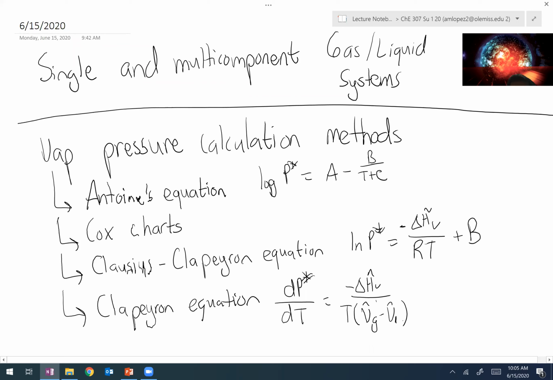All right, so we had all these different methods. Like I said, these constants should be in table B.3 in the back of the book. The enthalpies of vaporization, I should probably tell you where that is in the book.